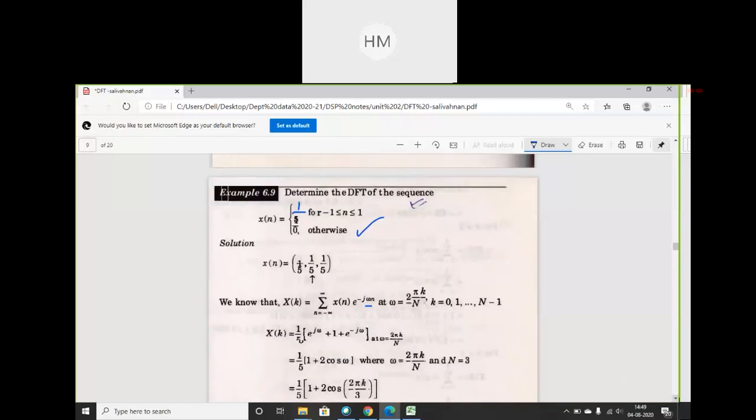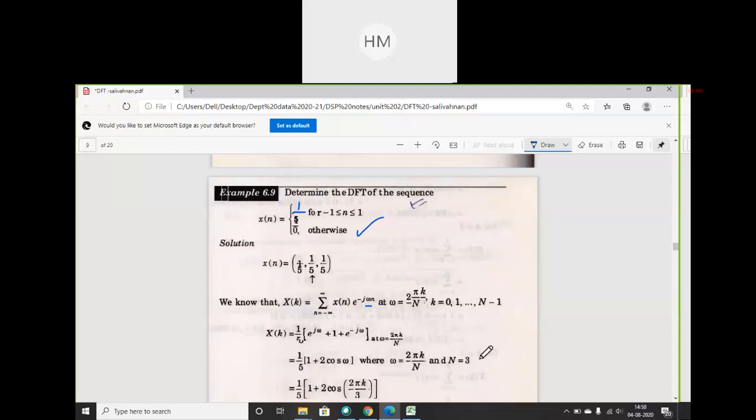See, if it is different, then you have to mention it clearly with all the values. So again, same steps. You can take out e to the power minus j omega common from this. So you can split this equation in terms of cos omega, where omega is 2 pi k by N. And what is N over here? N is capital 3.